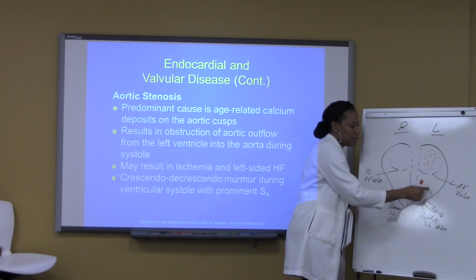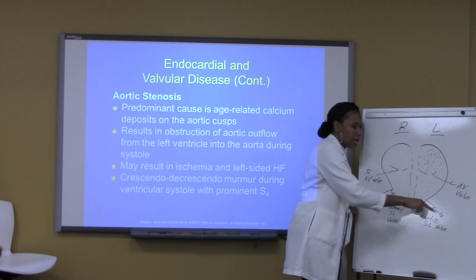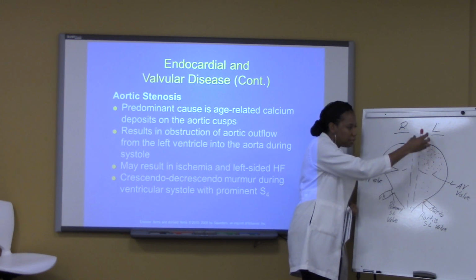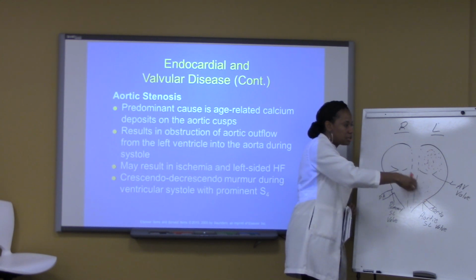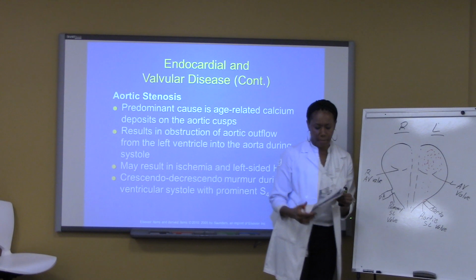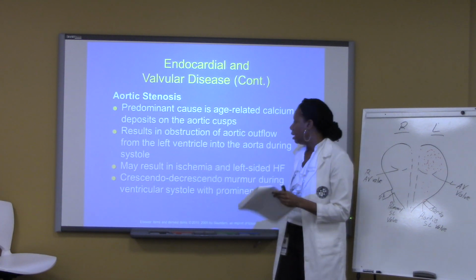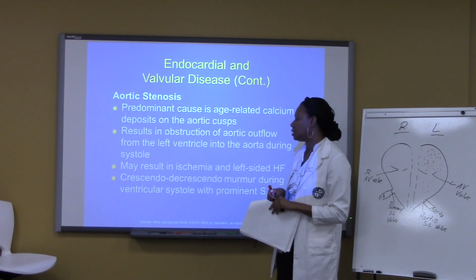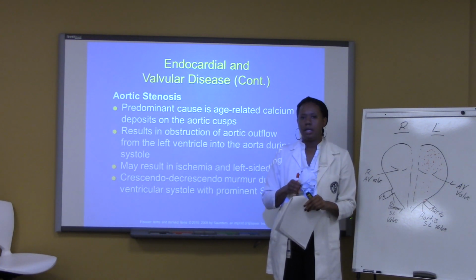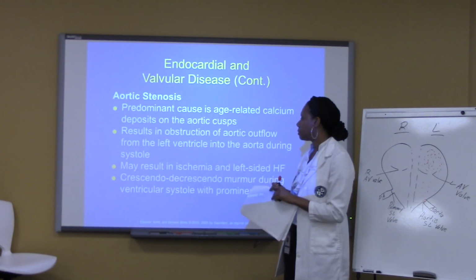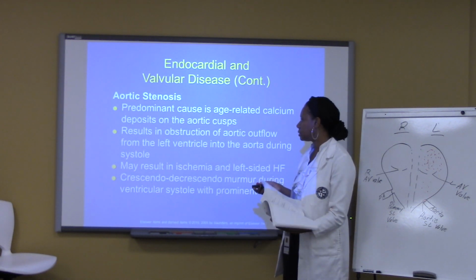Because the blood in here is not going to be able to push through, so it's going to stay in the left ventricle and then most likely regurgitate back or cause a whole dilation. It would be a cascade effect. Now, the sound here is called a crescendo-decrescendo murmur, which means it'll sound high and low, high and low. This is the murmur that is heard with aortic stenosis.